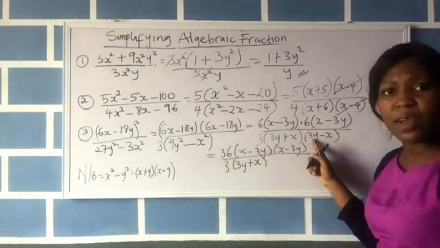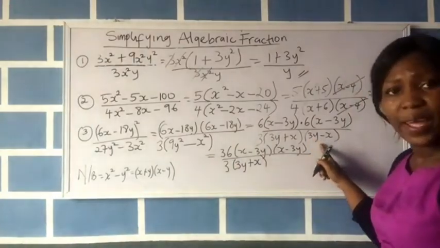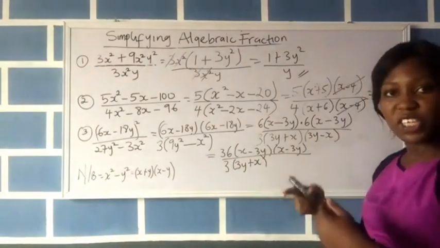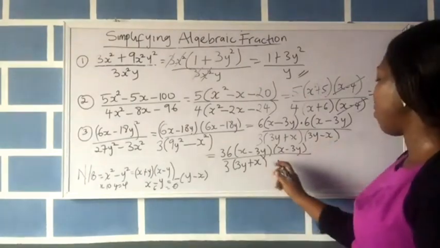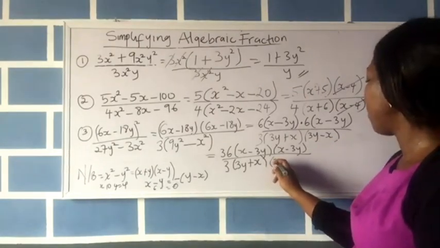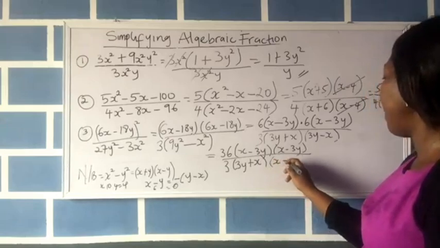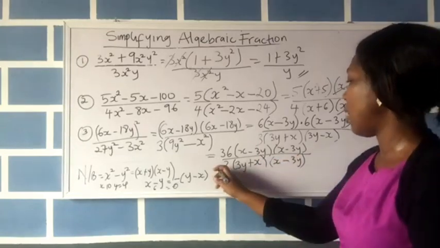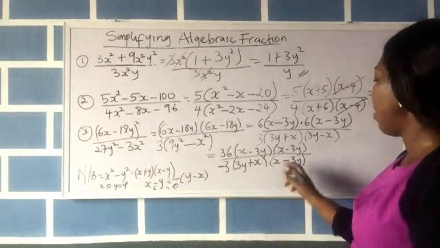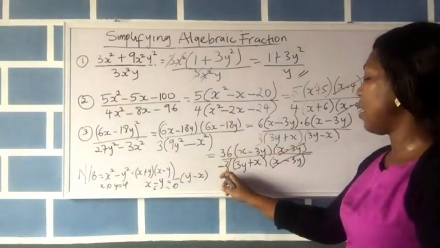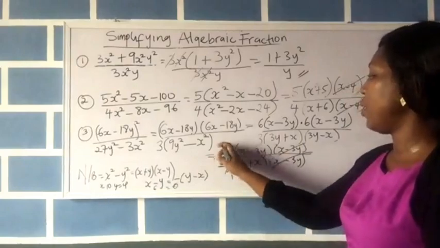Now if you check this value here, 3y minus x, I want to interchange it. It becomes x minus 3y. Then I'll bring the minus outside, so that my x minus 3y will cancel out, and 3 can cancel out here to get my 12.